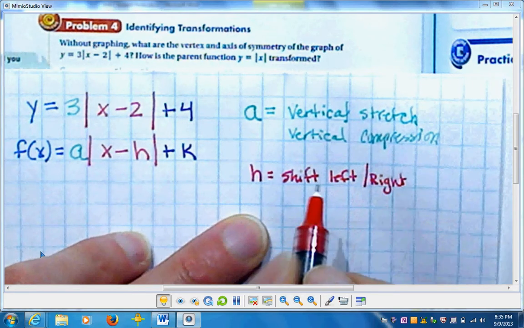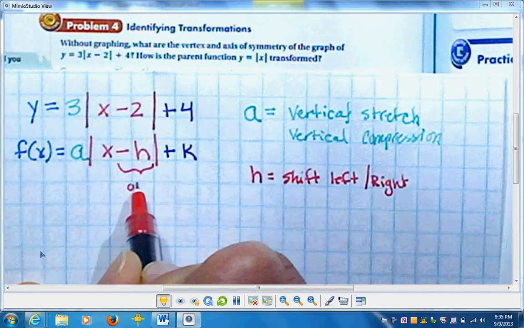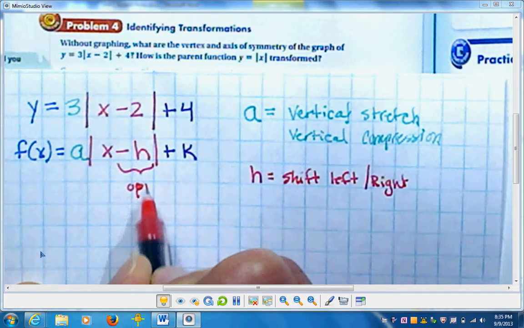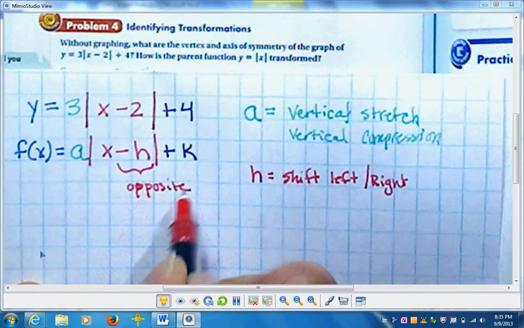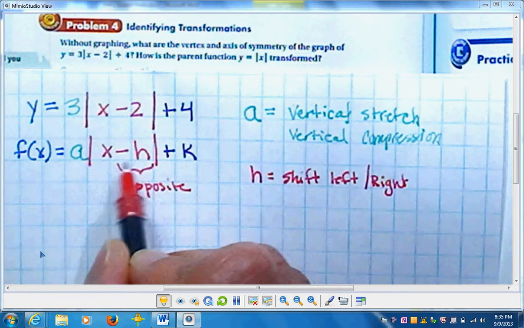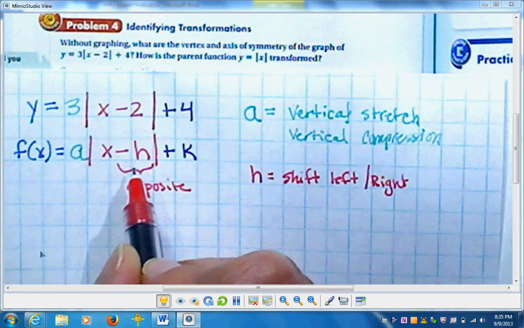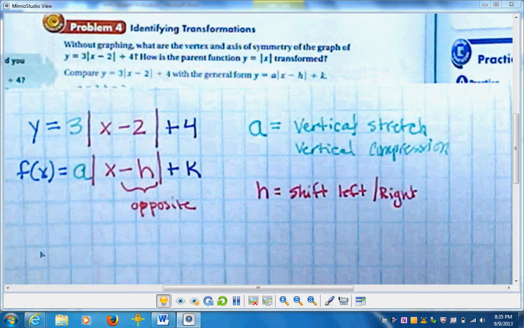And remember, the shift is always opposite. So we examined that before when we were saying, what's our center? Our center is h. So when we put it on the number line, it's the opposite of what we see.